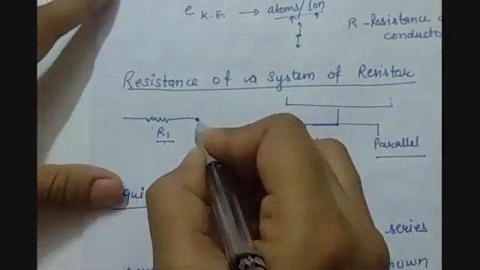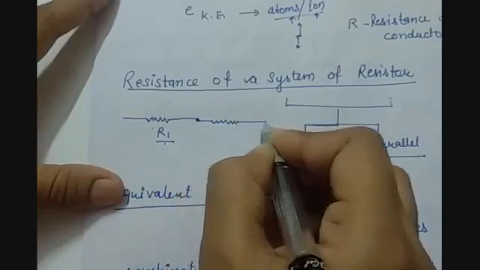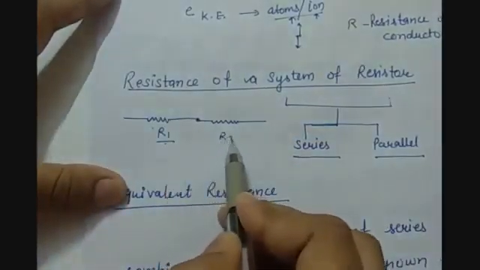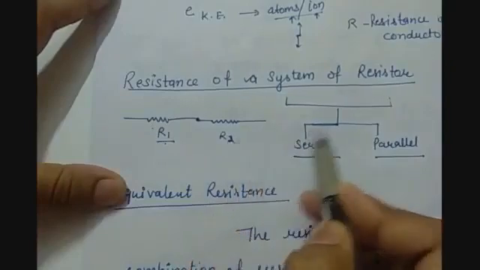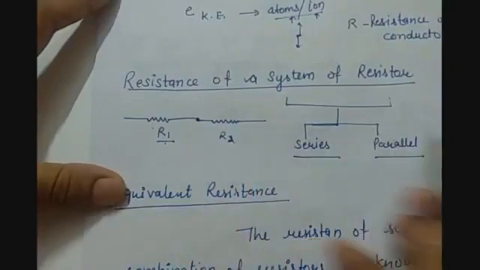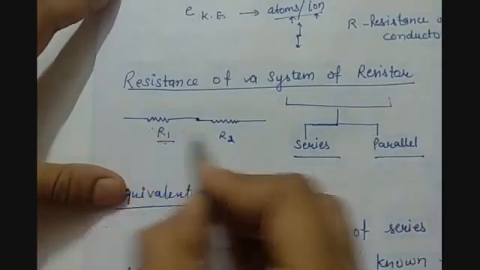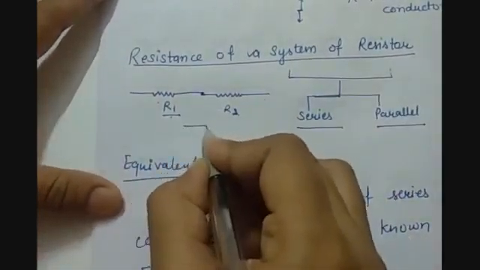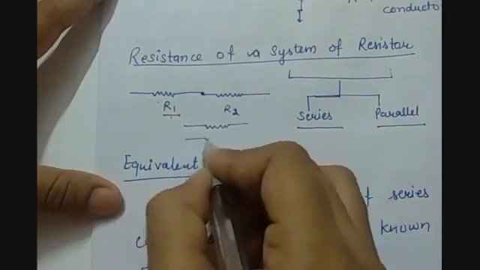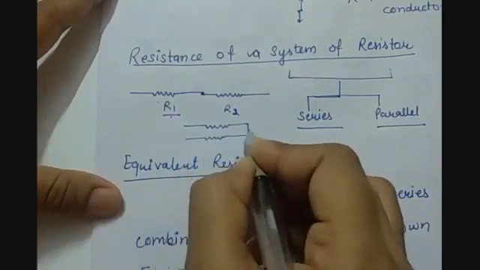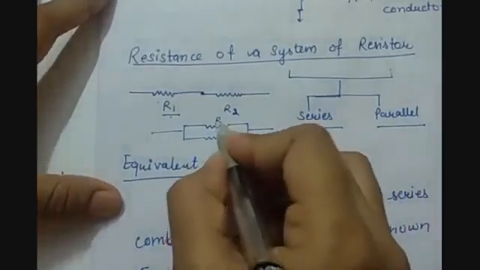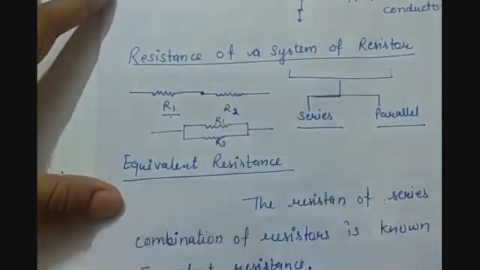When they are connected in such a way that there is an end-to-end connection, R1, R2, R3, R4, R5, up to Rn, this will be a series combination. When the electrical components are arranged in such a way that they make connections like this, then this is called a parallel combination.